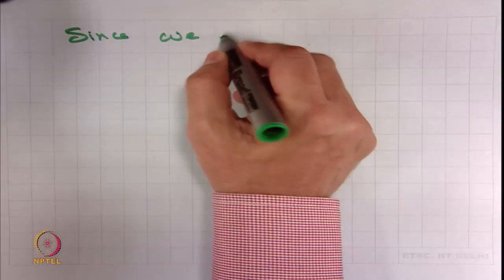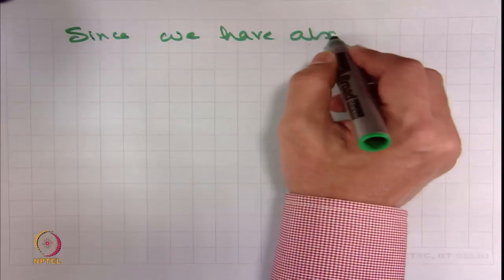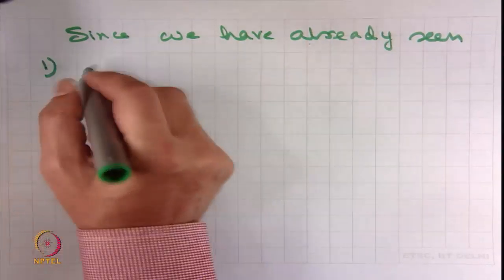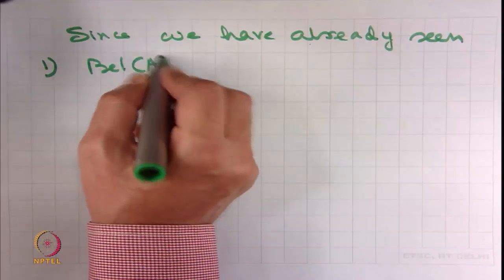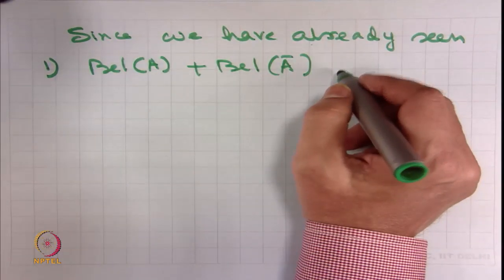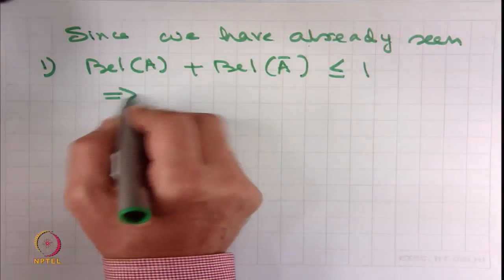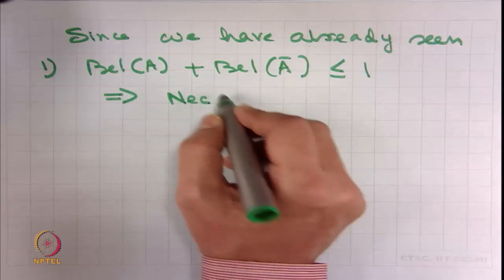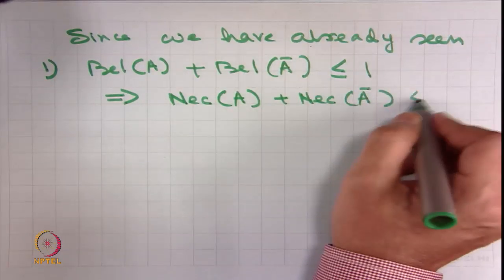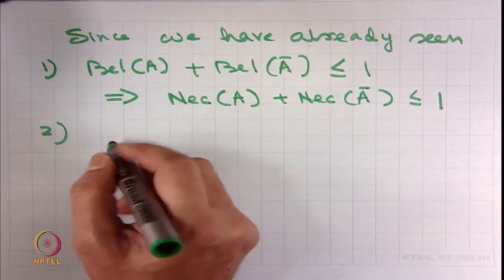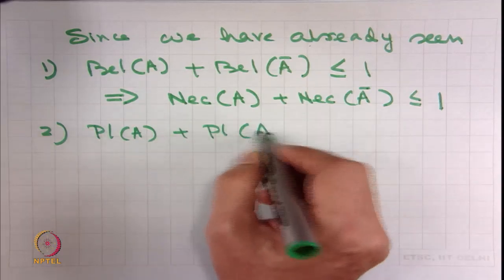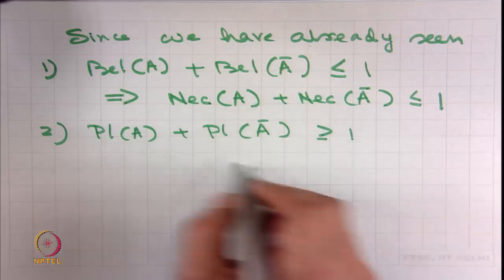Since we have already seen in the last class belief of A plus belief of A complement is less than or equal to 1, this implies necessity of A plus necessity of A complement is less than or equal to 1, and plausibility of A plus plausibility of A complement is greater than or equal to 1.